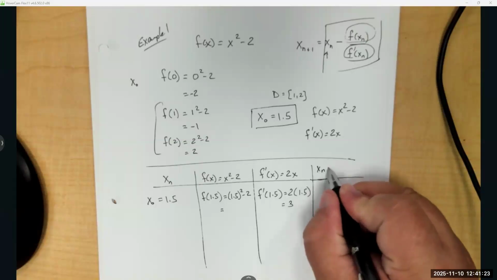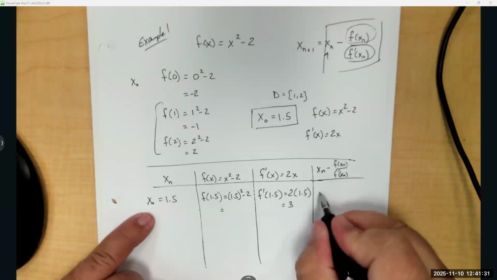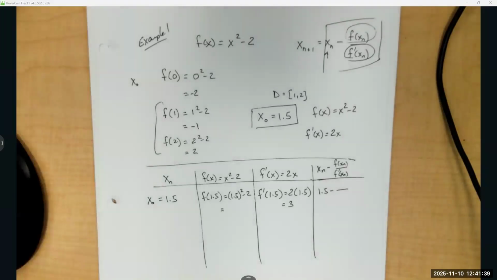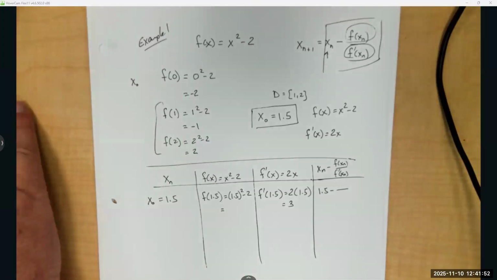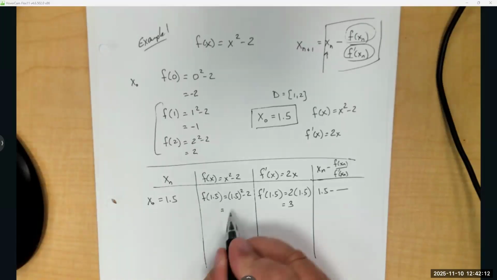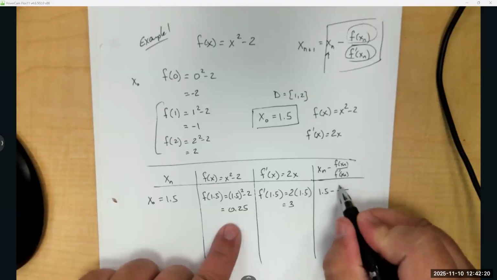So we have x sub n minus f of x sub n over f prime of x sub n. So it's 1.5 minus, let's see, x squared minus 2, so it's 1.5 squared minus 2. So that equals 0.25. So the top number is 0.25.